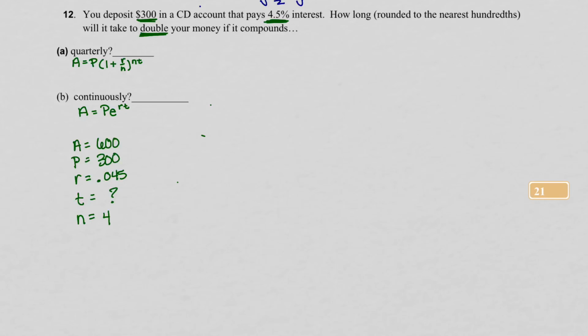So let's first start by seeing how long it would take to double our money if we were going to compound it quarterly. So I know I've got 600 is what I want it to be. I start with 300 and I fill in all the other values that I have listed over here.